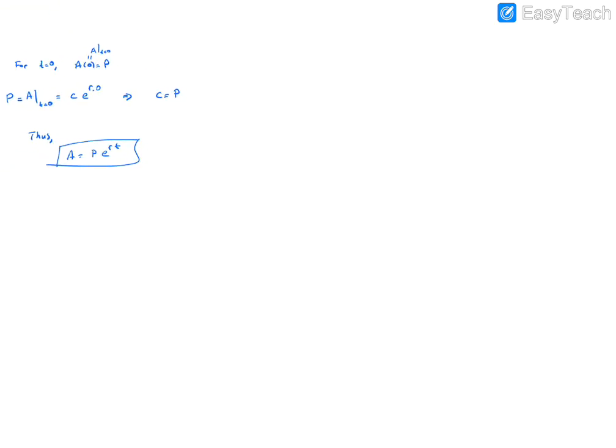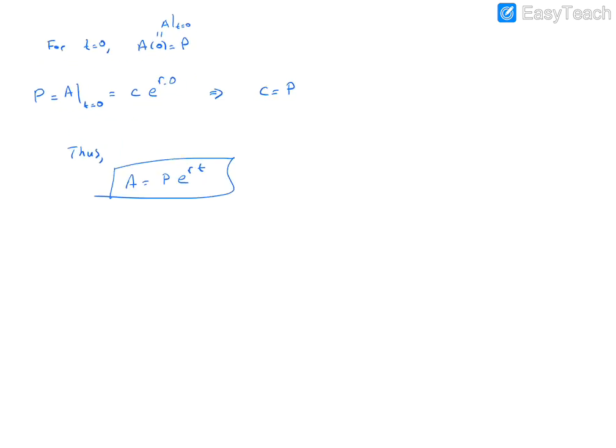So by that way, we obtain this important formula, which is known as the continuous compounding formula, as you know. As you realize, this is the same continuous compounding formula obtained in section 4 in the previous term, where the principal P is invested at an annual nominal rate R compounded continuously for t years.